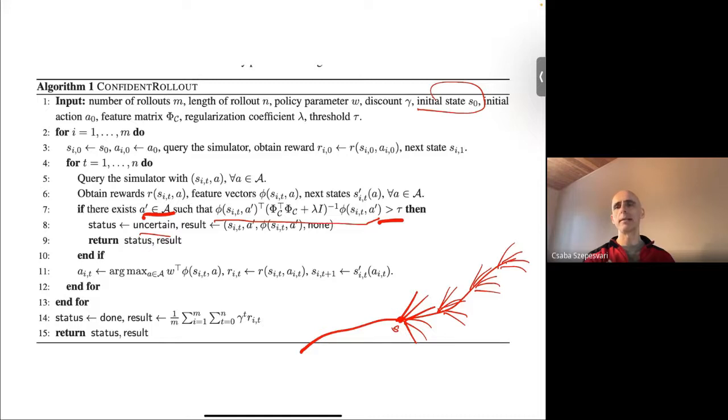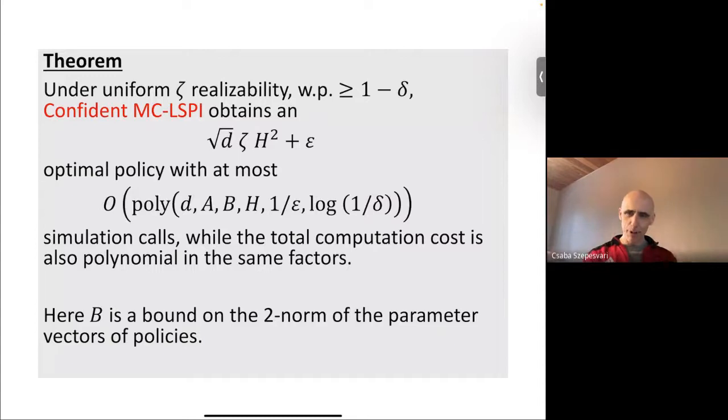The dependence on the dimension of this algorithm is not really that great. So one immediate follow-up is to improve the sample complexity of this algorithm. Okay, so let's go to the next slide. It's polynomial in everything. It's all fine, but it's pretty high.